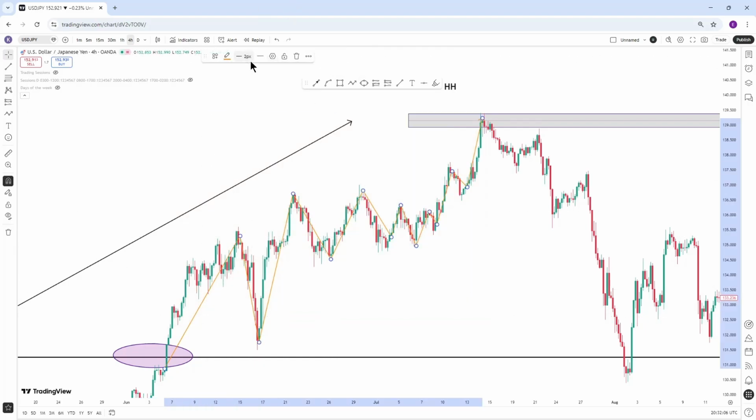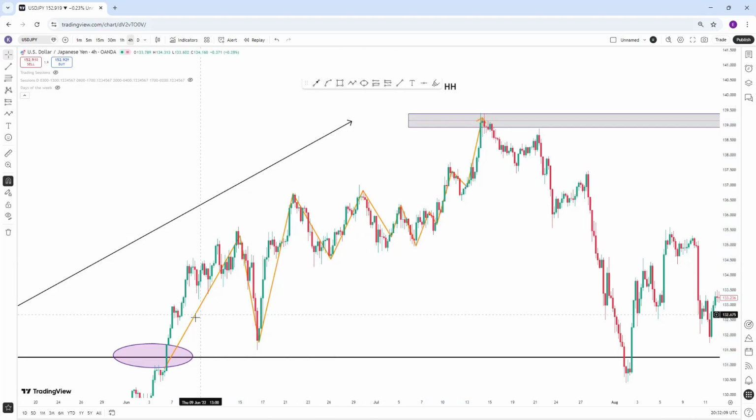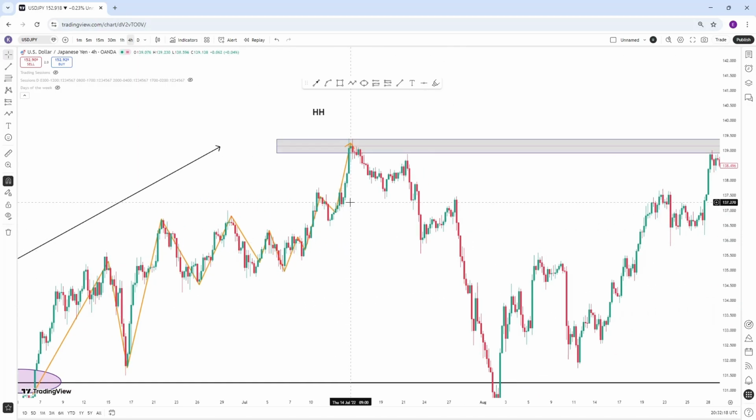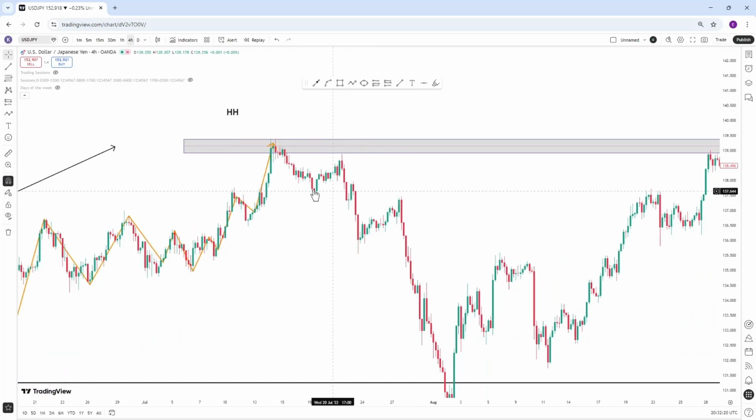It was trending upwards. I want to see this, so I'll make it 3 pixels. It was in an uptrend, since it was an indication from our higher time frame. After that, the market came here, failed to break this high. It made a lower high and a higher low, but failed to break this previous high.